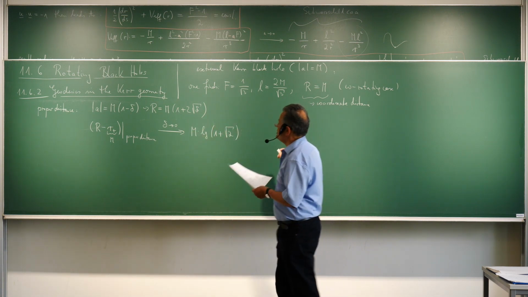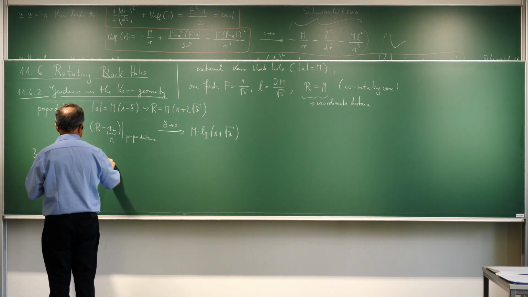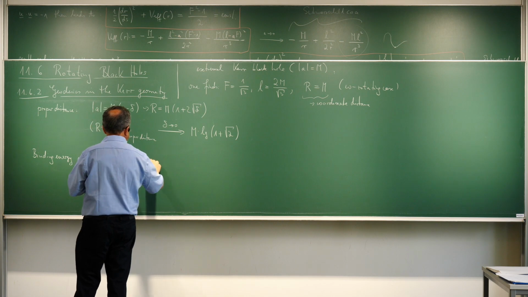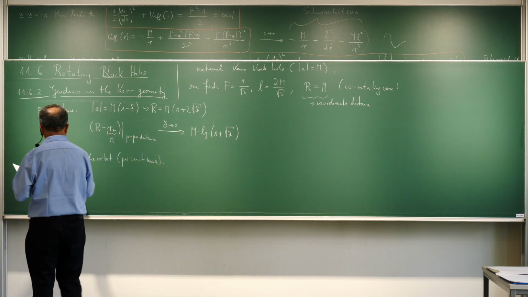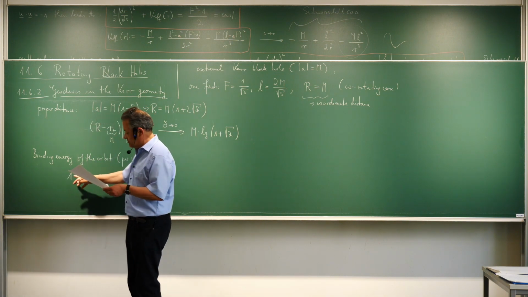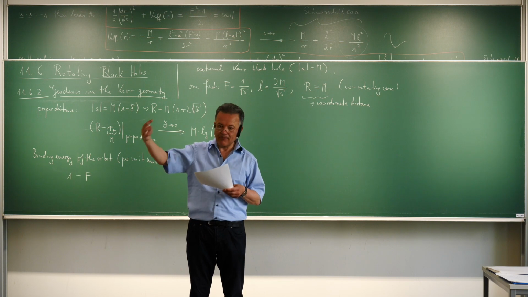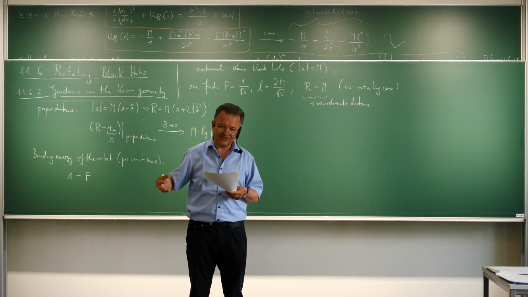The binding energy of the orbit per unit mass is, as in the Schwarzschild case, 1 minus f. Why? So 1 is the rest energy at infinity, which is in a sense m over m. I mean, the rest energy is mc squared, but we divide by mc squared.